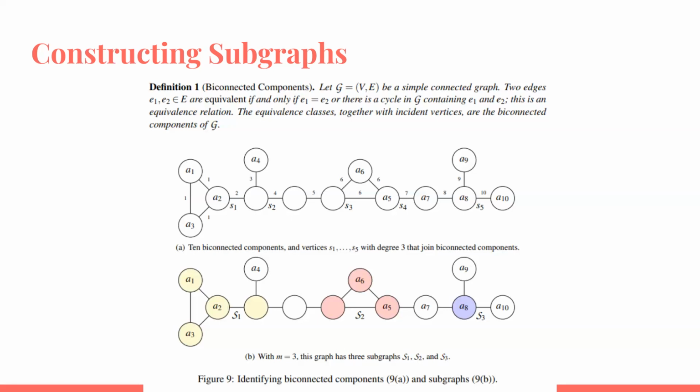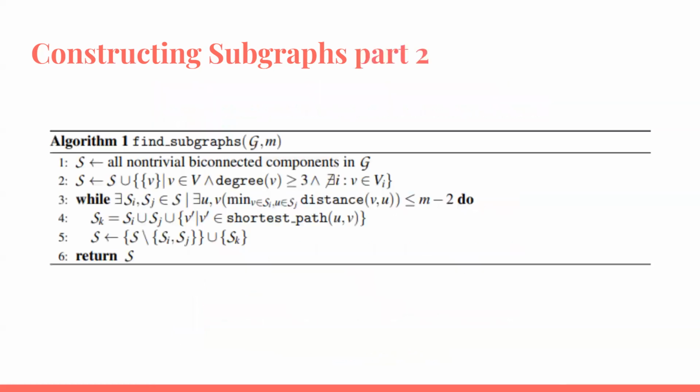Definition 2 is the next one. So definition 2 states that these subgraphs are a subset of the vertices, obviously. And we split them up in a way like this.